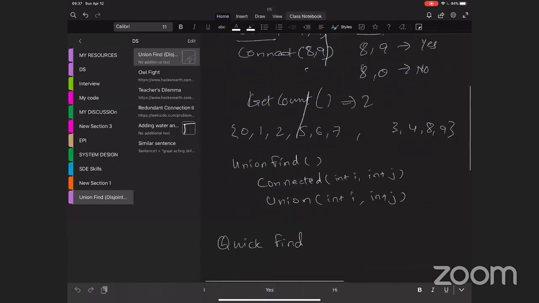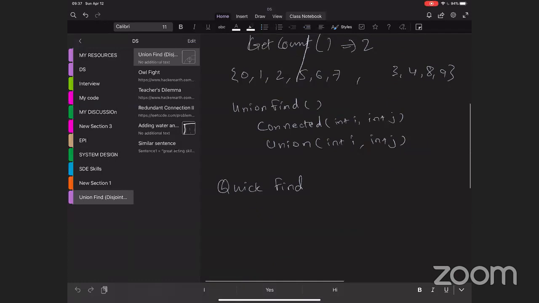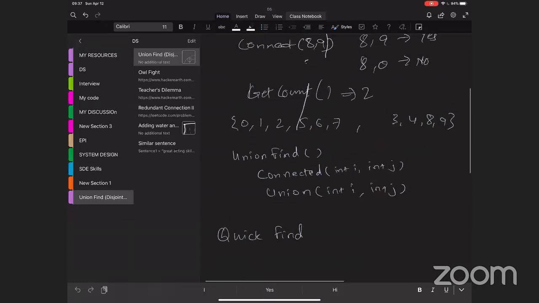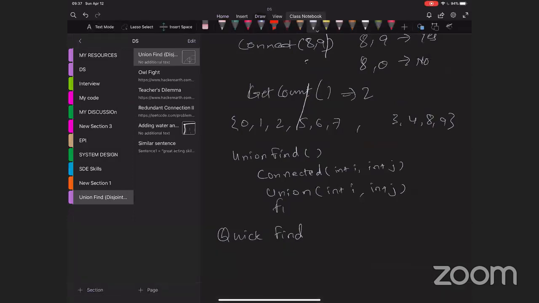For that, we need another implementation, find their ID or whatever. We are just calling it find. Find of integer i returns, unlike connected which returns bool and union which returns void, the identifier of that set.